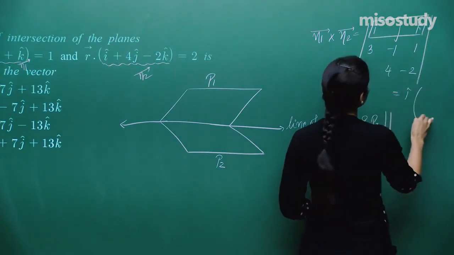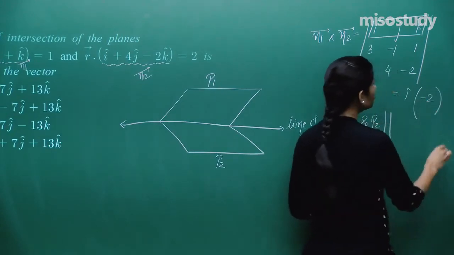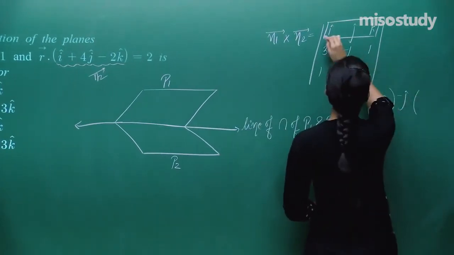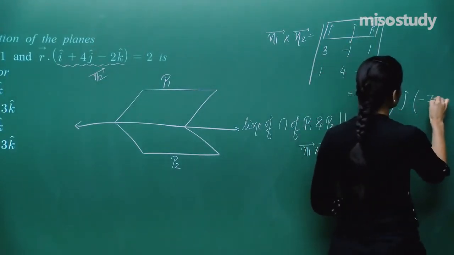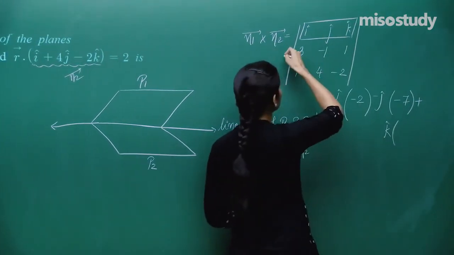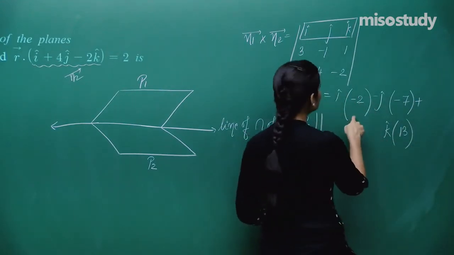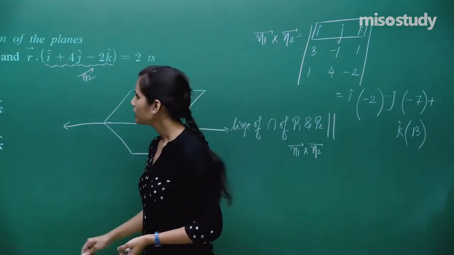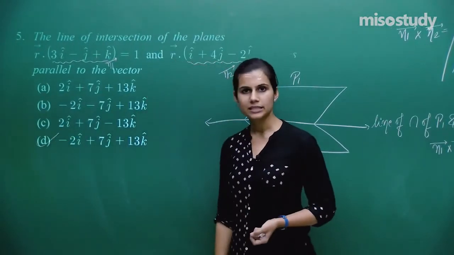This is i cap (2 - 4), that is -2. Then you have minus j cap (-6 - 1), so -7, plus k cap (12 + 1), that is 13. So you get -2 i cap + 7 j cap + 13 k cap, which is this. -2 i cap + 7 j cap + 13 k cap.